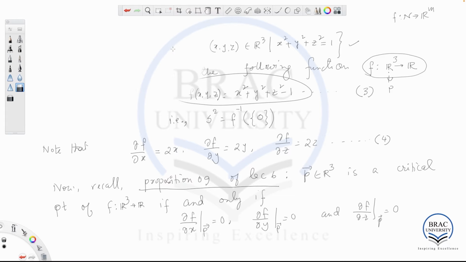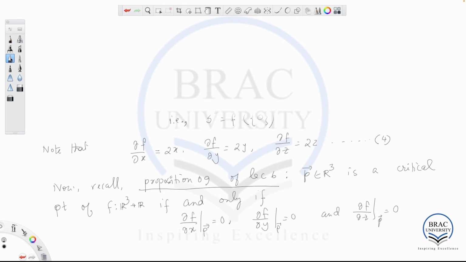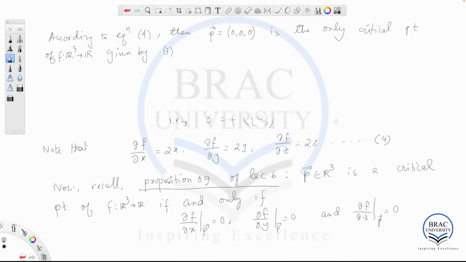Now, according to equation number 4, P being the origin of R3 is the only critical point of F, which is a map from R3 to R given by equation number 3, which we erased a while ago.